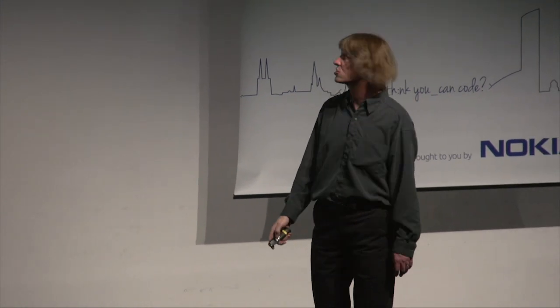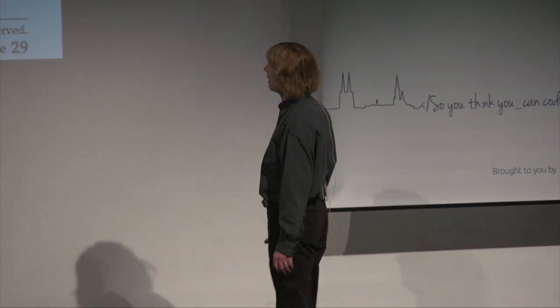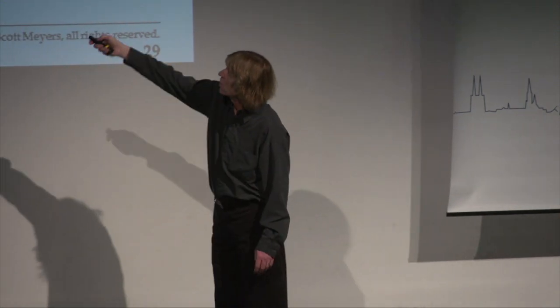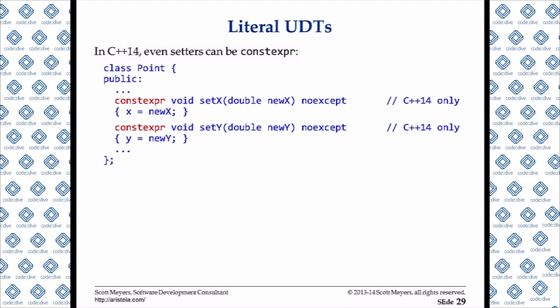However, they changed the rule for that in C++14, and that is why in C++14 a constexpr member function does not imply that it is const, and as a result, x and y can now be assigned to.